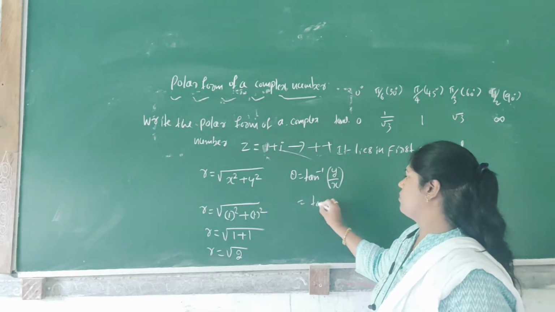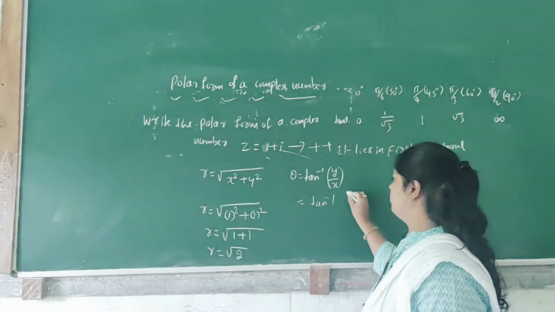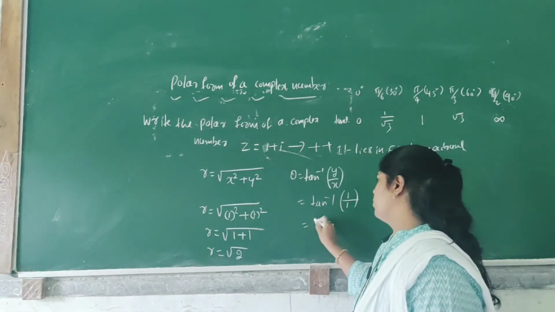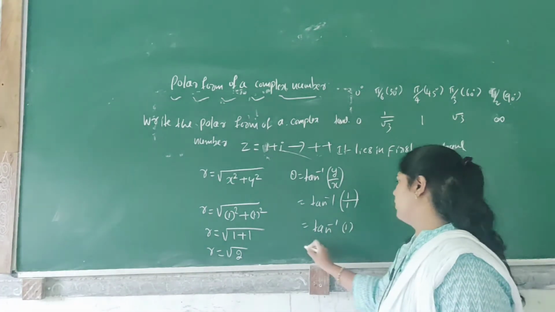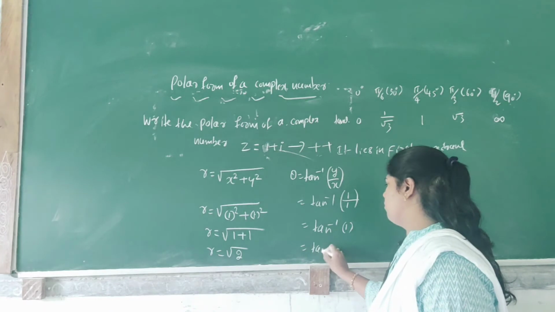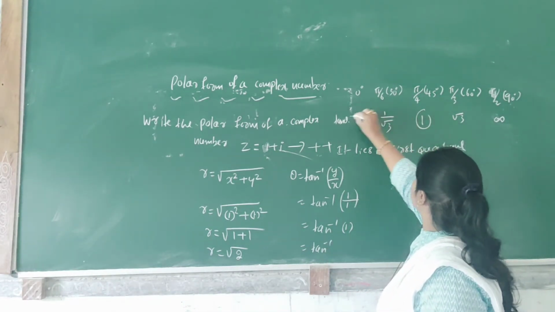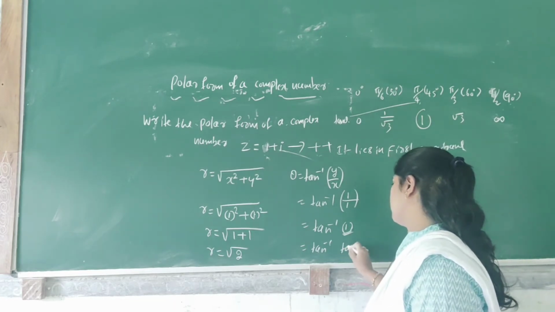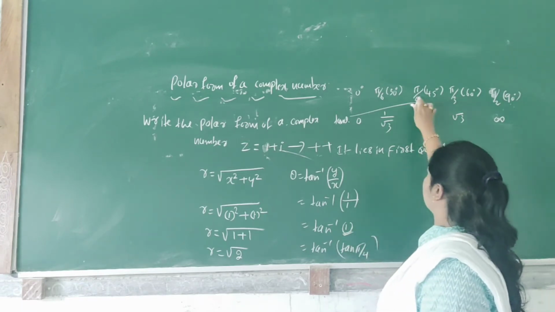So tan inverse of, what is y value? Y is 1 now, x value is also 1. So tan inverse of 1 by 1 is 1. So tan inverse of, what is 1 here? 1 is tan pi by 4, no? So 1 can be written as tan pi by 4.